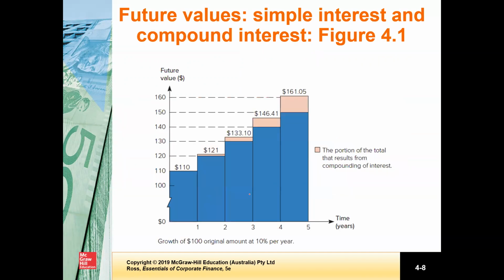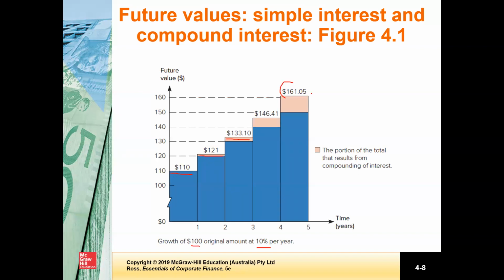So this graph shows the simple interest as well as the compound interest, right? For example, you can see when $100 is invested, the interest rate is 10% per year. This blue part shows the interest on the principal amount, and this yellow part shows the interest on the interest amount, okay?